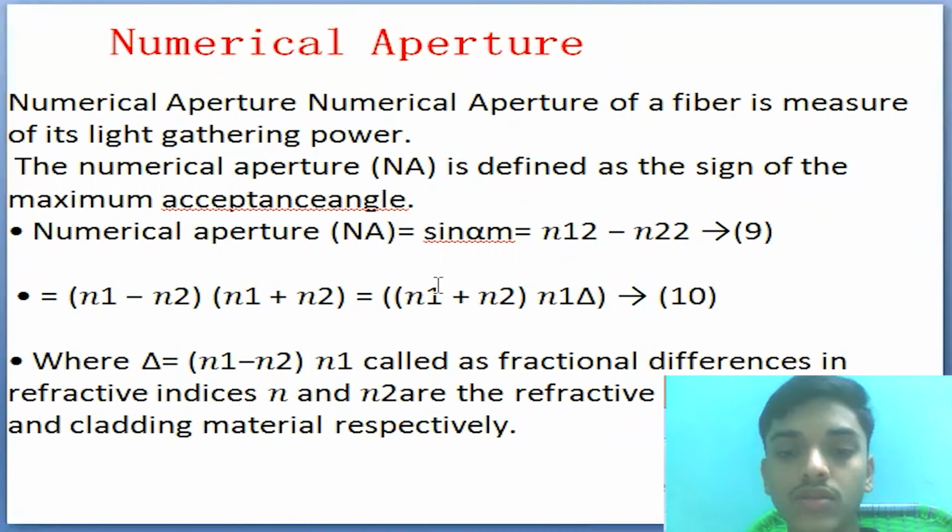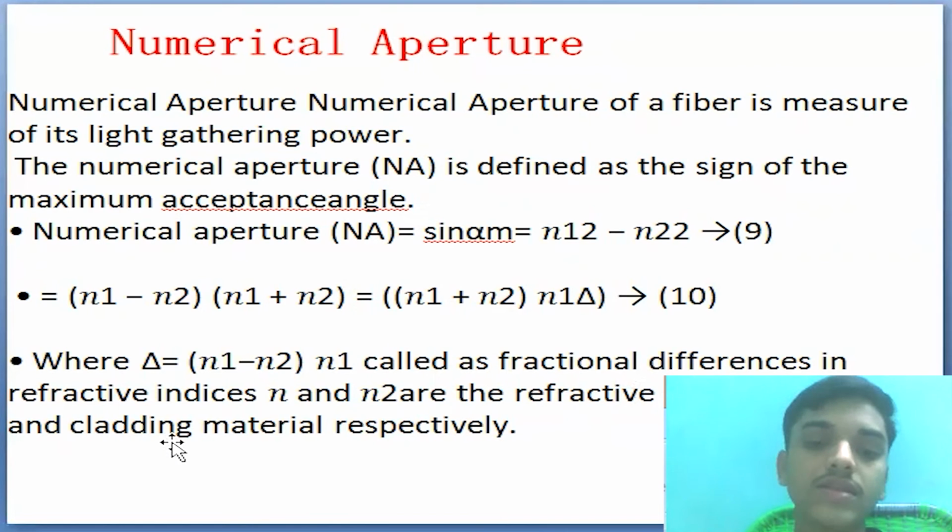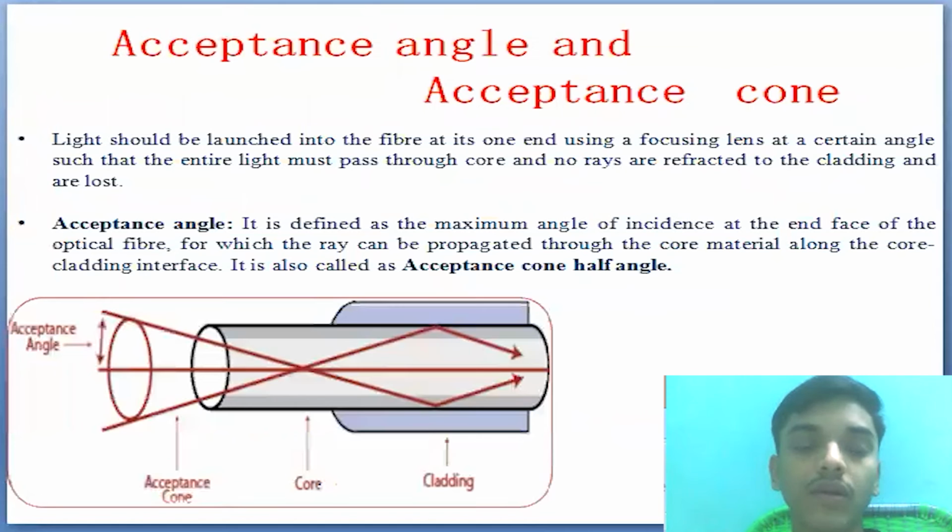So when light from a denser medium gets refracted into another medium of lower refractive index than the core, either it may be air, water, or anything. That's how we can find numerical aperture, acceptance angle, and acceptance cone.